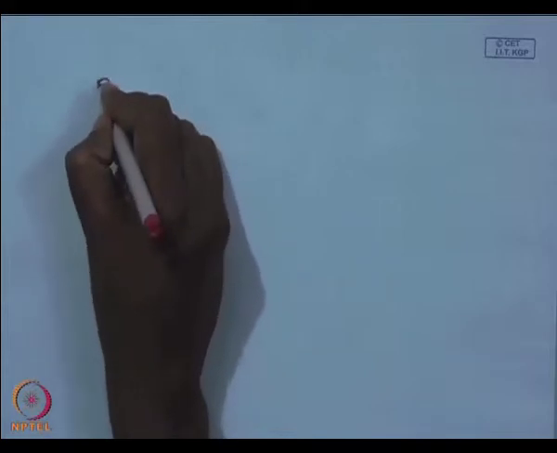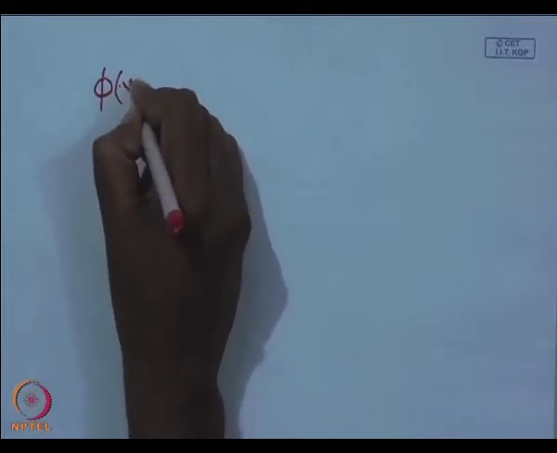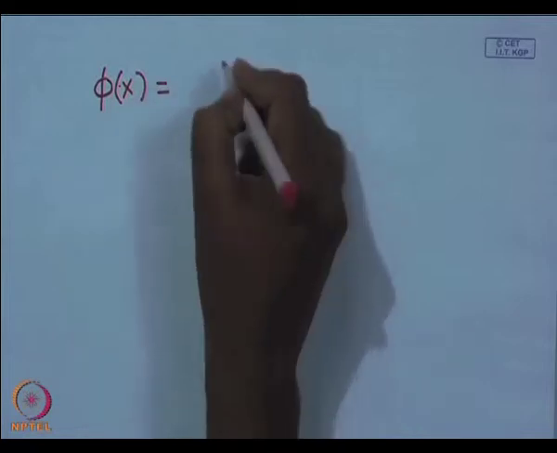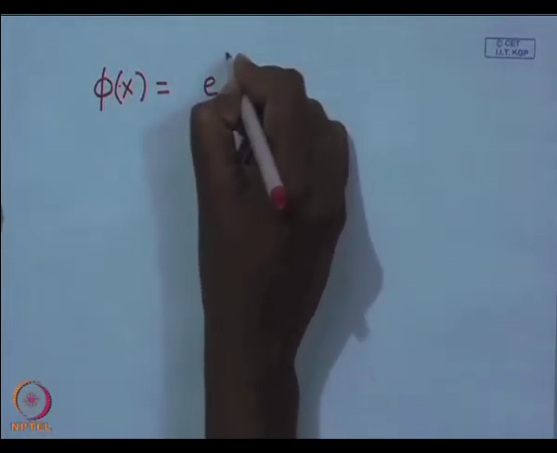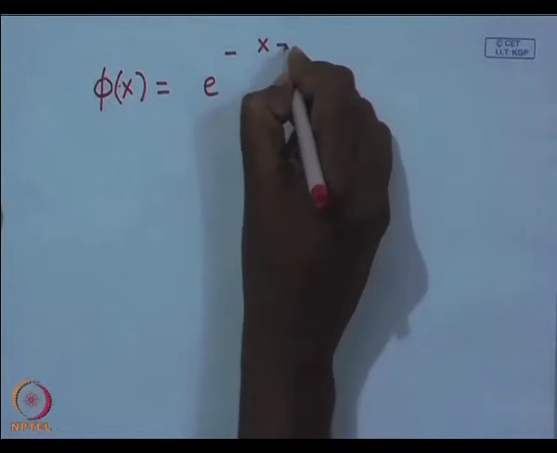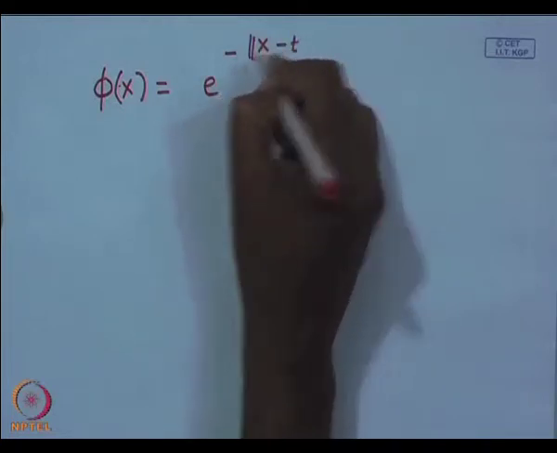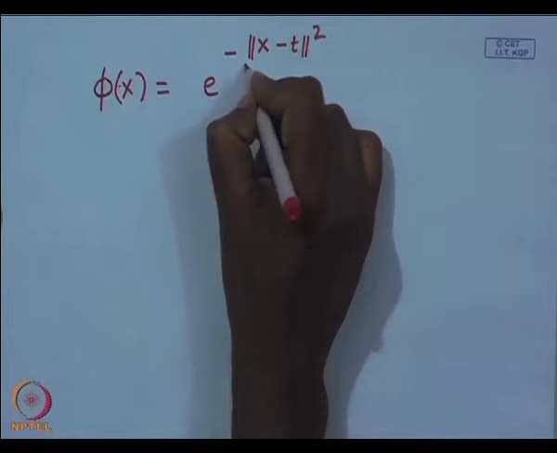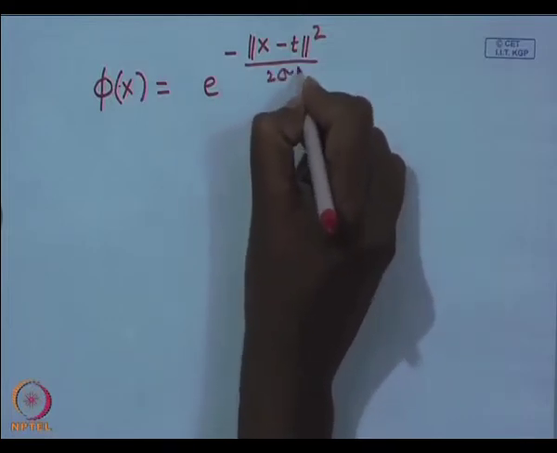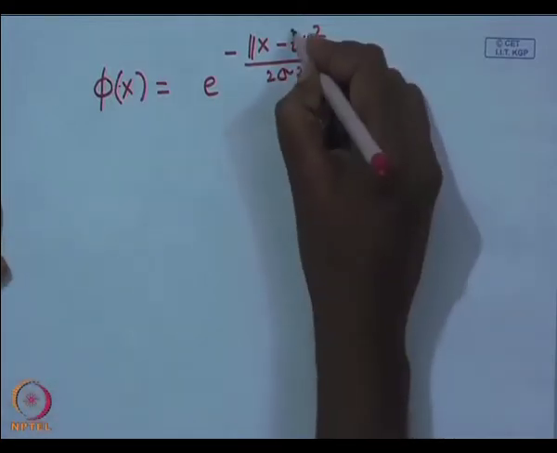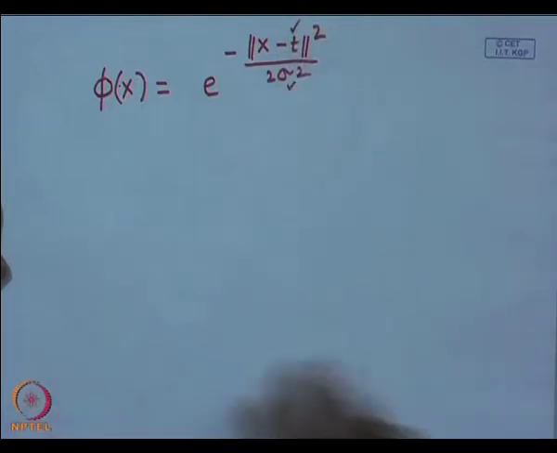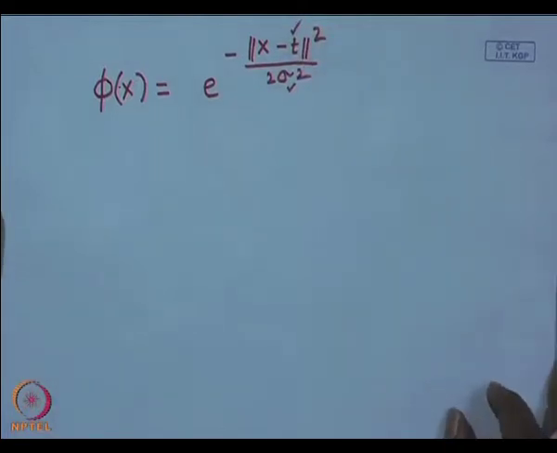So, if the radial basis function is a Gaussian function, something like phi of x is equal to e to the power minus the square of x minus t upon 2 sigma square, where t is the receptor and sigma, which is the variance, decides what the spread of the radial basis function is.